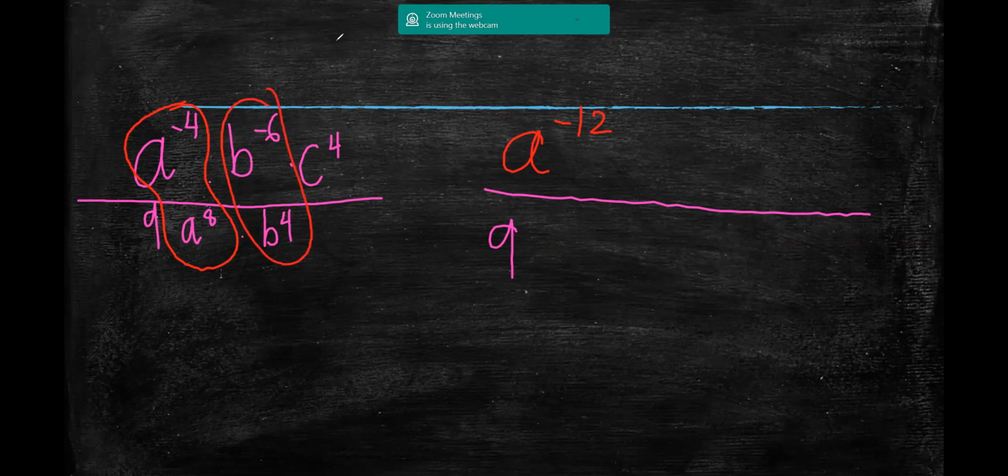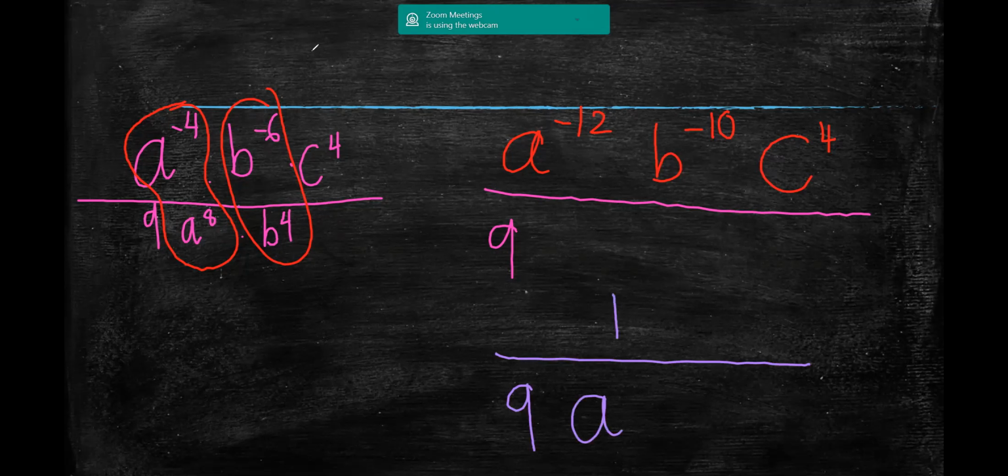Then b: negative 6 minus 4, negative 10. Then c raised to the power 4. After I finish here, the negative 12 cannot be up in the numerator; it must be down in the denominator. So I have to write it as 9, then a to the power negative 12 is 1 over a to the power 12.